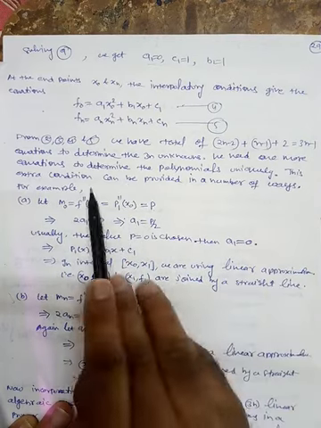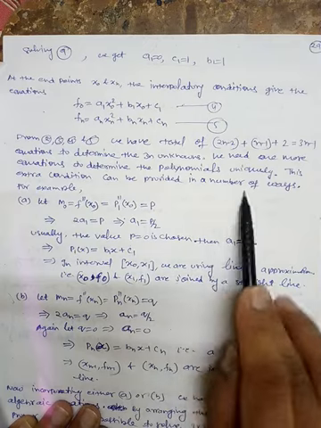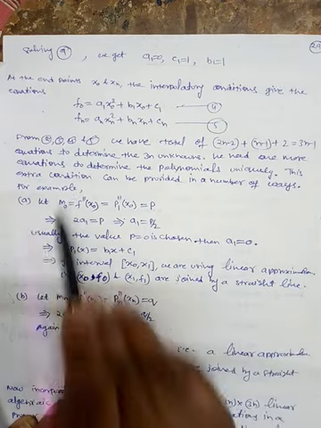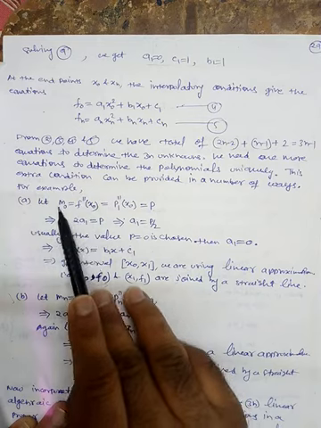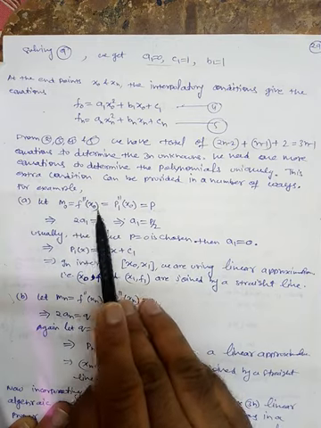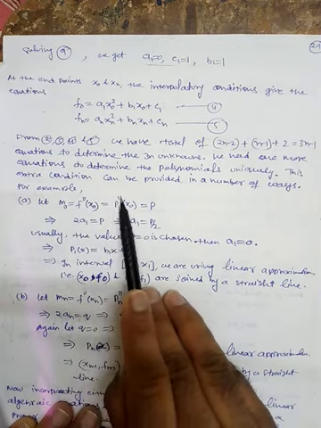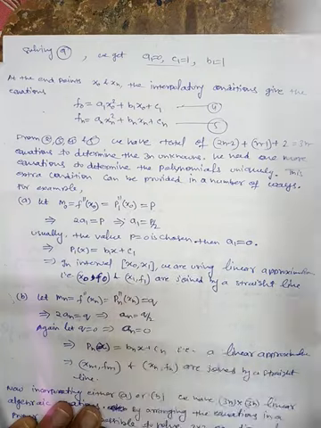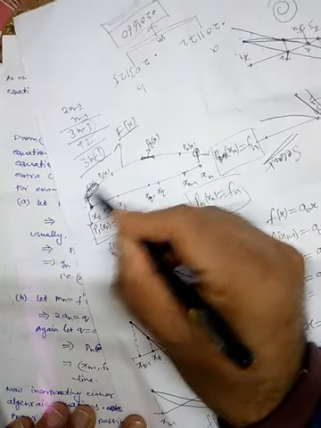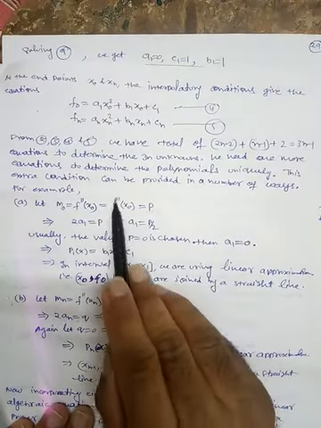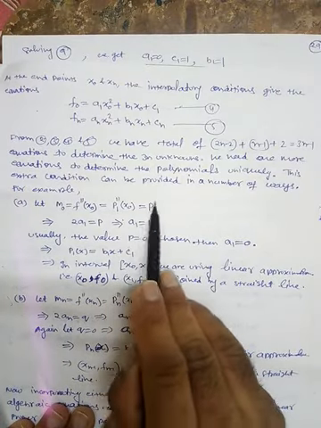This extra condition can be provided in a number of ways. For example, first let's see f''(x_0), which is equal to P_1''(x_0), because at this point the polynomial is P_1. So the P_1 second derivative at x_0 is some constant p.